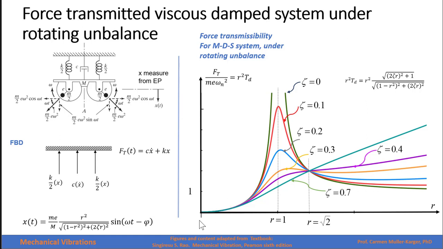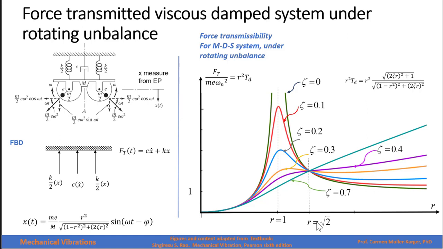We have that for r equals 0, force transmissibility becomes 0. For r equals 1, we have the most critical values for zeta equals 0, and damping becomes very significant when we are close to the natural frequency of the system. And after r equals square root of 2, this behavior of the curve inverts.